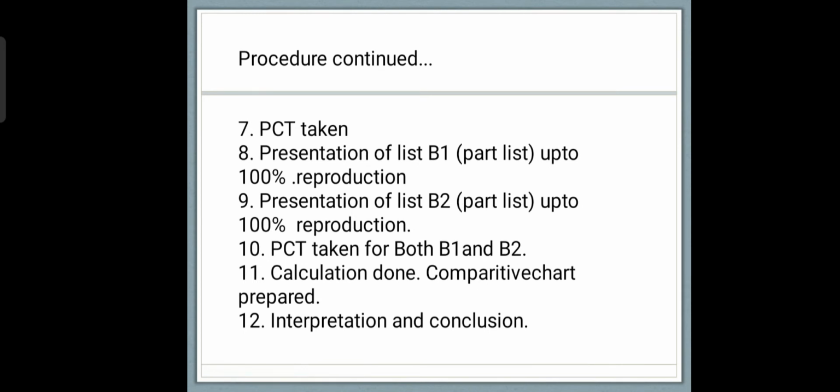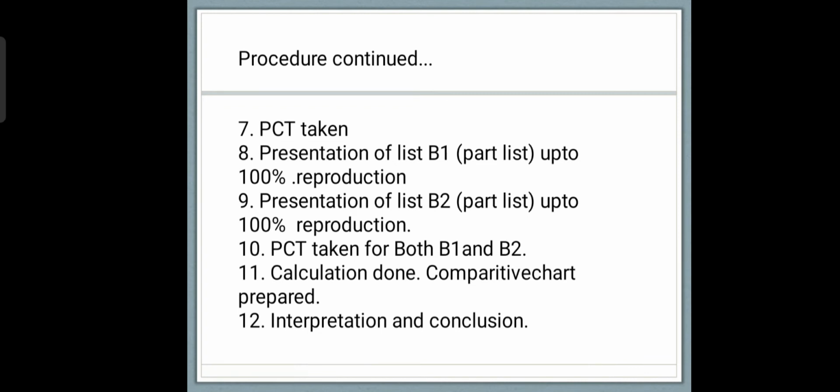After the whole method, we will do list B1, going up to 100% reproduction. After 100% reproduction for list B1, you won't take PCT, remember this. For the whole method, after 100% reproduction, we immediately take the PCT. But for list B1, after 100% reproduction, we will continue by presenting list B2, till 100% reproduction.